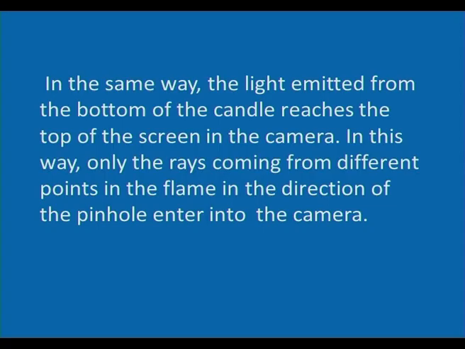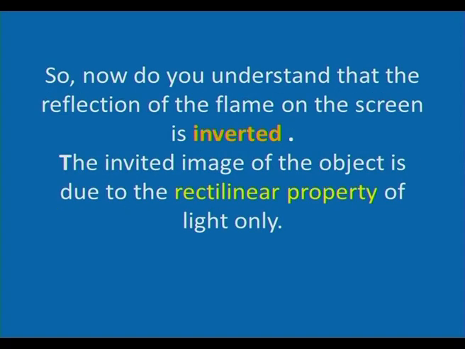In this way, only the rays coming from different points in a flame in the direction of the pinhole enter into the camera. That is why we can see it in inverted position, because light is travelling in a straight line. So, do you understand that the reflection of the flame on the screen is inverted?